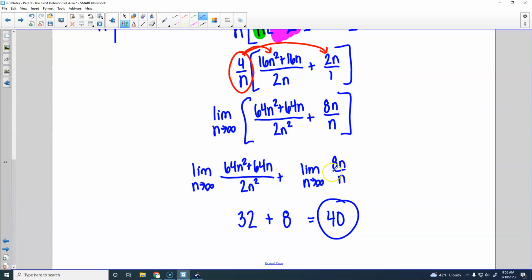For the second part, exponents are the same, divide coefficients, and you'll get 8. Then you add those together. The other option is to get common denominators, but this is quicker, because you could multiply by n on the top and bottom and put them all together, but that takes a little bit longer.